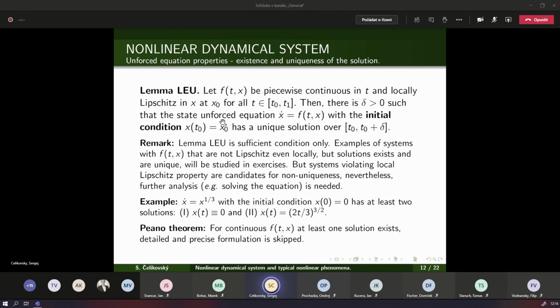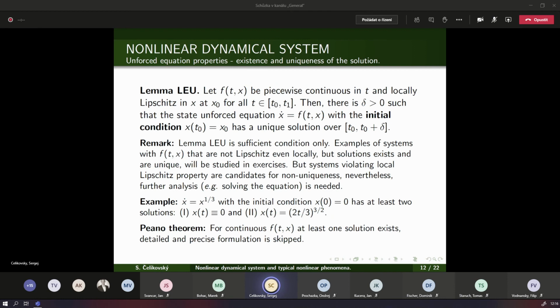You can rely on this lemma only in such a way that you check that the right-hand side is globally Lipschitz, and then you say, okay, this system has a solution which exists for all times, always unique.